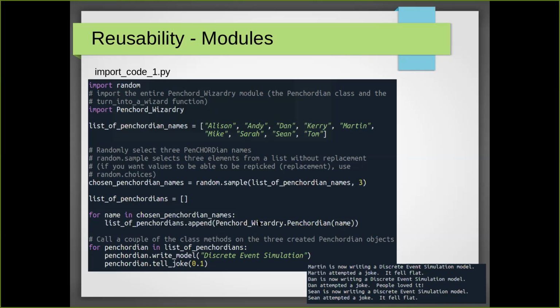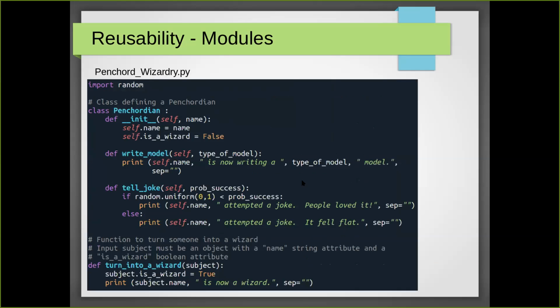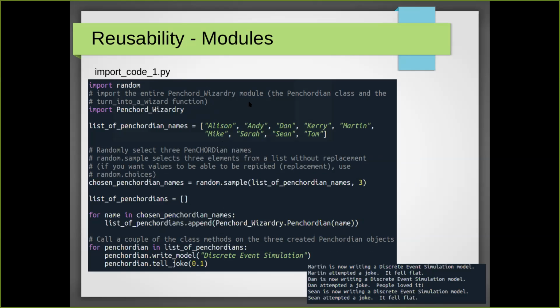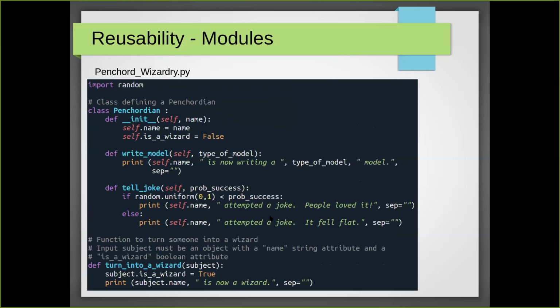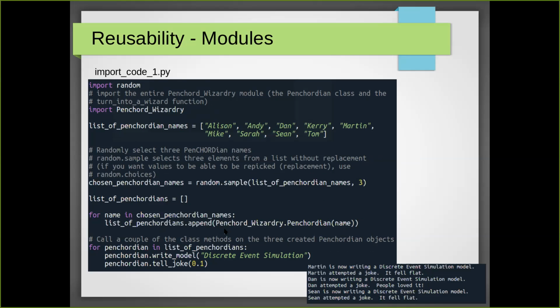So let's unpick that. What it's actually doing is saying, grab the Penchordian class from the Penchord Wizardry file over here, which I've written previously. Because we've imported that, it knows what that is. So I can now refer to that other completely separate file by saying penchordwizardry.Penchordian, and I can create a Penchordian with the name that I've selected.